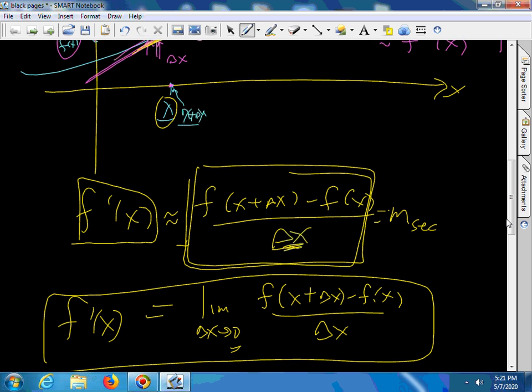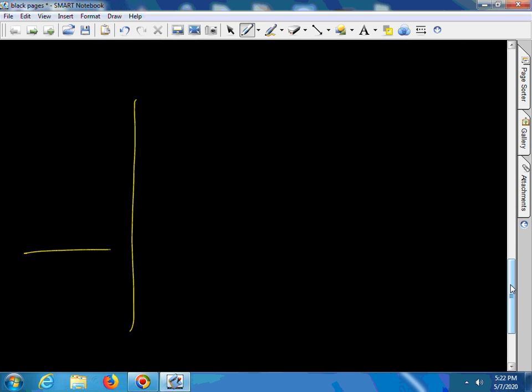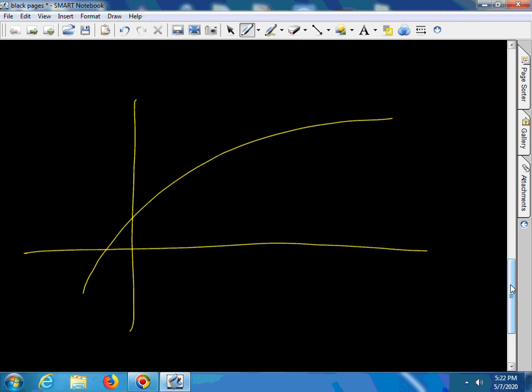Okay, that is a good motivation, I hope, of why the derivative rule is what it is. And anytime you forget it, just remember that it's just a limiting process. I don't care what curve you have, say that curve.